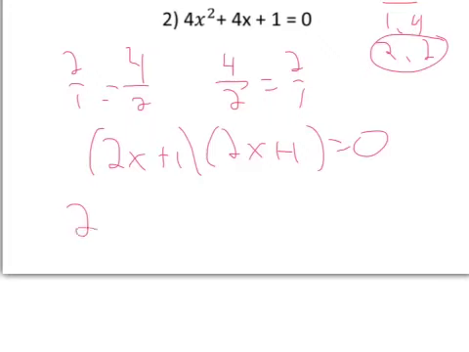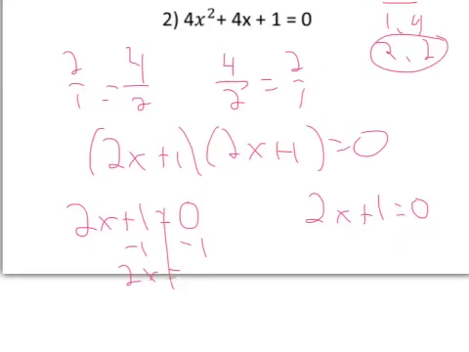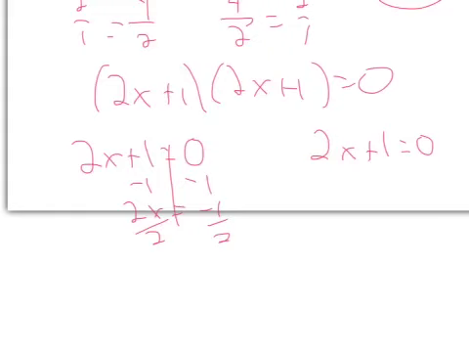Separate them and set them equal to 0. Subtract 1 from both sides. Give me 2x is equal to negative 1, divided by 2. X would equal negative 1/2.